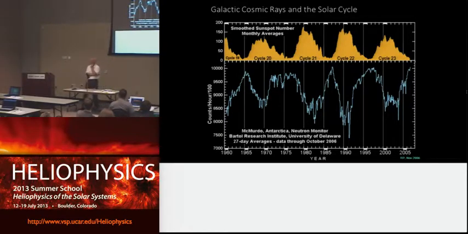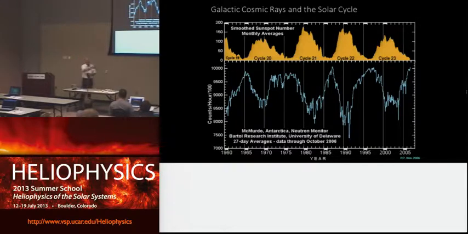I'm not aware of cosmic ray records going back earlier. This is probably about as early as it goes, like 1960 on here. So yes, they've been counting sunspots for much longer than they have cosmic rays, is basically the message I would give, because cosmic rays haven't been studied quite as long. They were found in 1912, and people probably didn't start understanding this correlation until a little bit later. Does that answer the question?